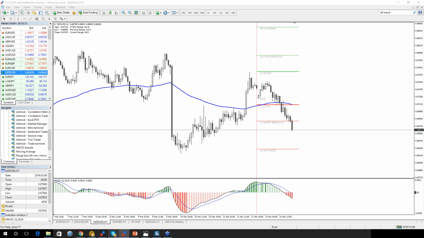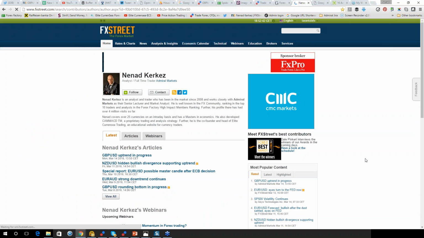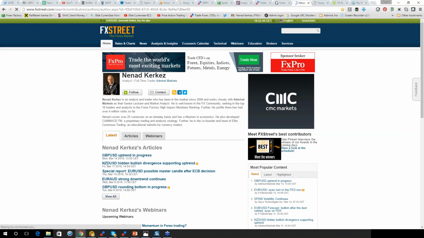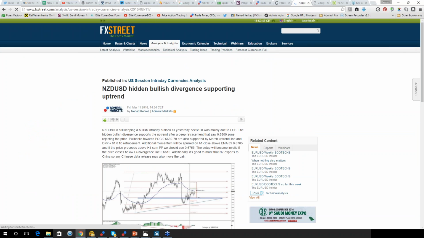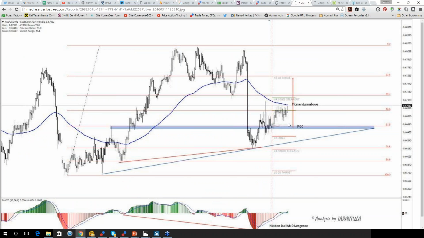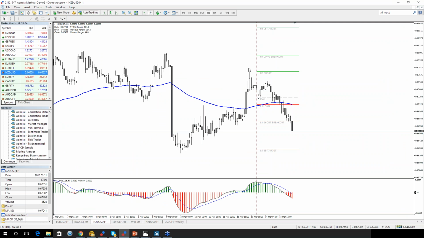Here. And what happened is after the analysis, price went here and hit the target. So I said momentum above, the price got in a huge momentum and it hit the target. So yes, New Zealand dollar hit a target and it looks bearish now.